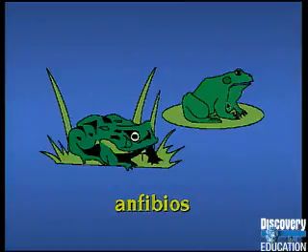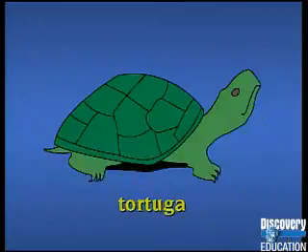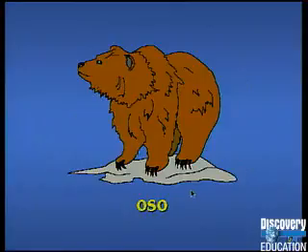Here's the rana on the lily pad and the sapo. Both of these are amphibians. If you have tortuga on your board, go ahead and mark it, tortuga. Okay? Do you remember what group that's a member of? Reptiles, yeah. If you have oso on your board, go ahead and mark oso. Okay? Oso, and you know what that's a member of, right? Mamíferos.